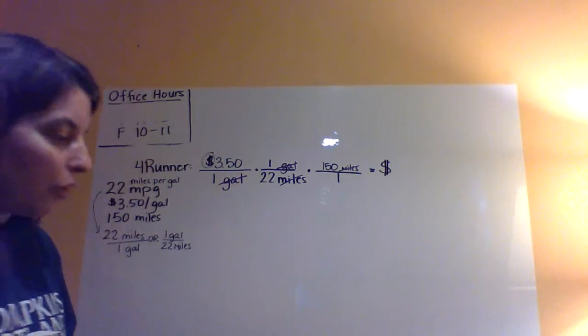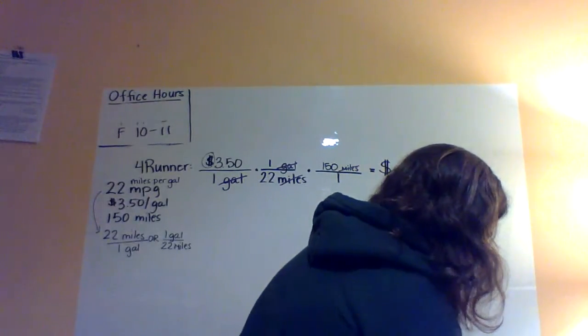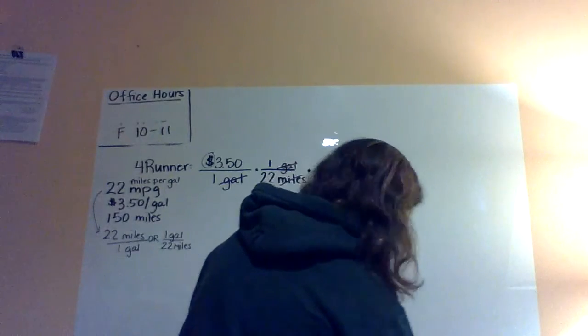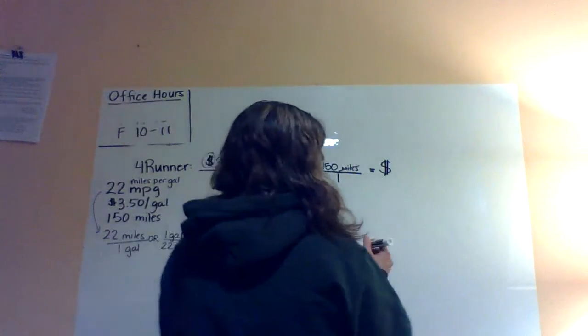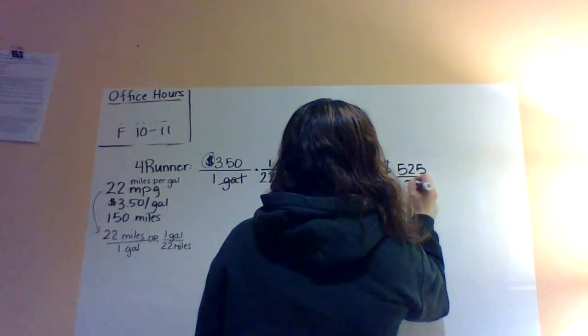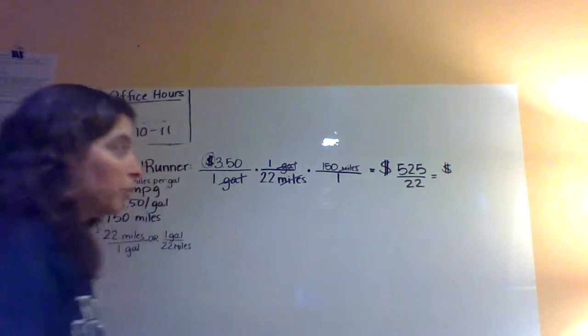So now we're going to multiply straight across the top and straight across the bottom. When we multiply across the top, we will get 350 times 150, which is 525. And on the bottom we have 22. So this is a number, right? This is how many dollars we're spending on gas.